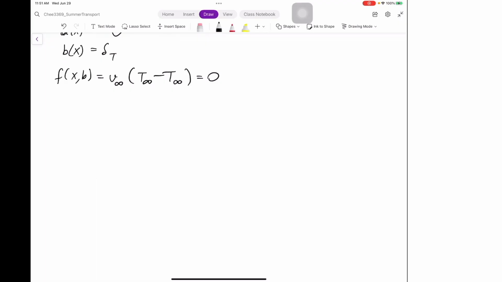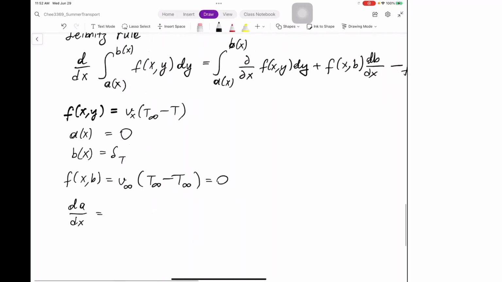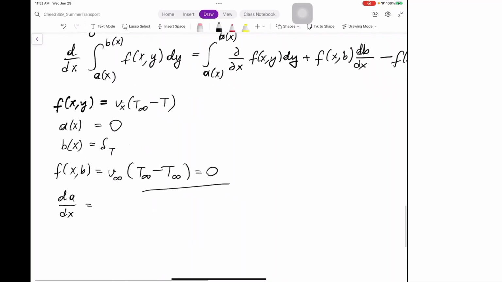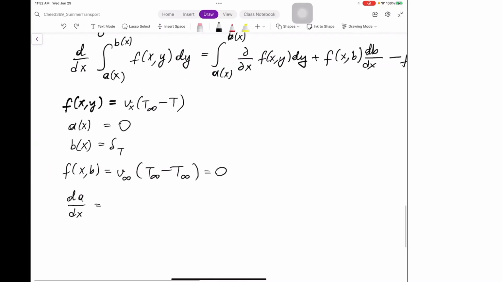And dA over dx for our problem, this thing makes this entire thing 0. Now let's have a look at this term, in an attempt to make that 0.